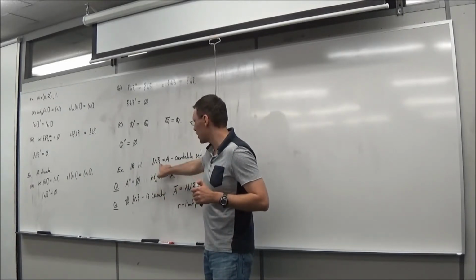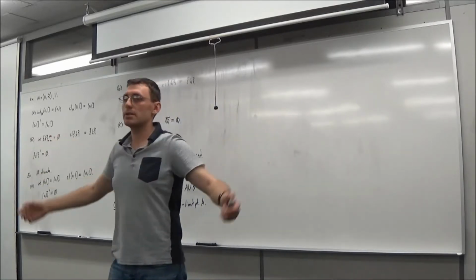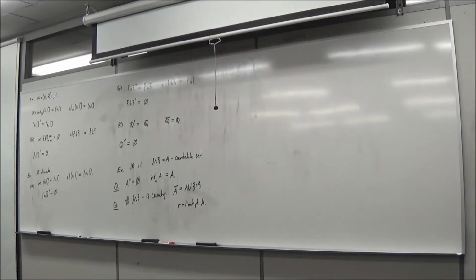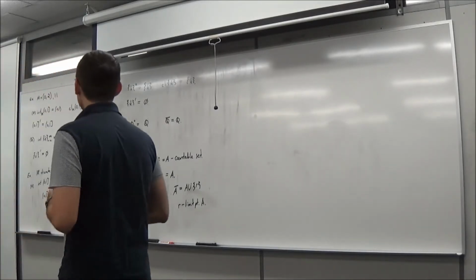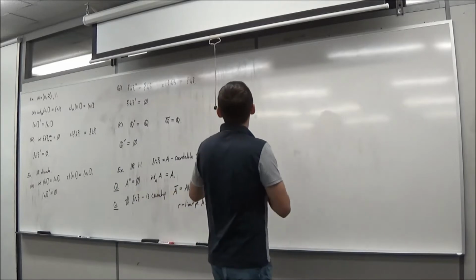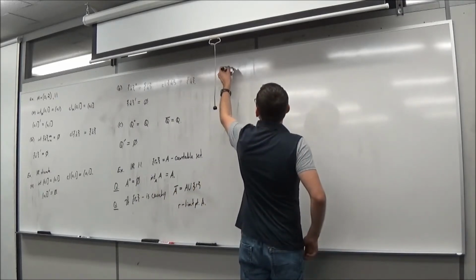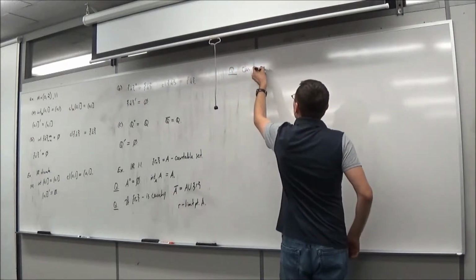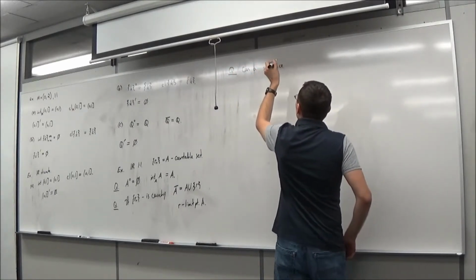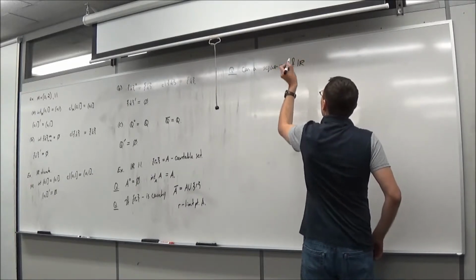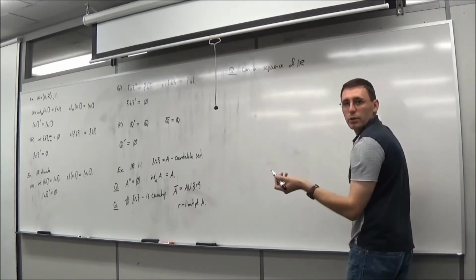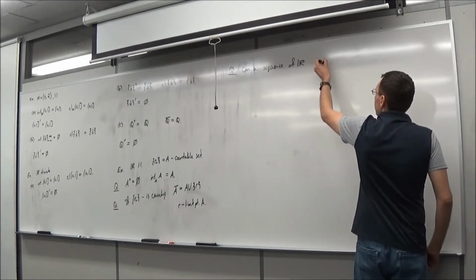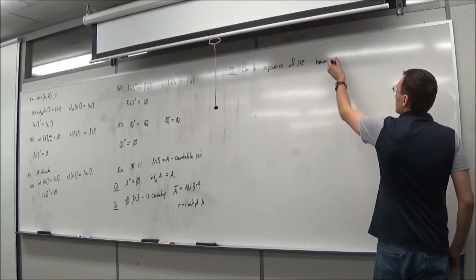Not if it's Cauchy, but in general, if I have some sequence, can a sequence of R, and by R I mean of course the regular R, have uncountably many limit points?